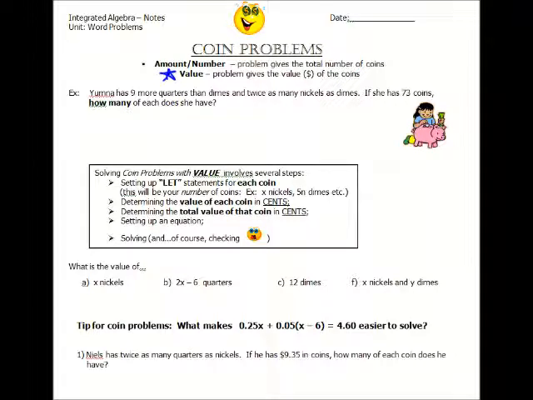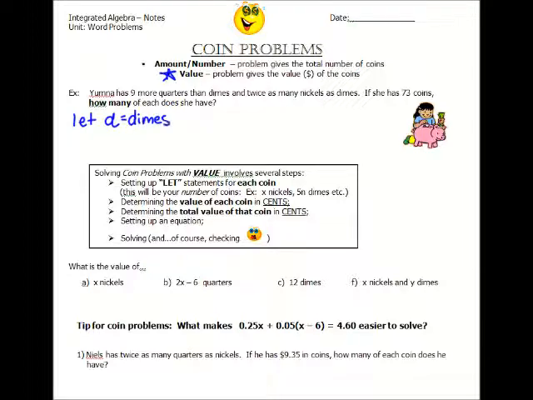The first one, Joyce has 9 more quarters than dimes and twice as many nickels as dimes. If she has 73 coins, how many of each does she have? So what do we know the least about? We know the least about dimes, so I would let D equal dimes.